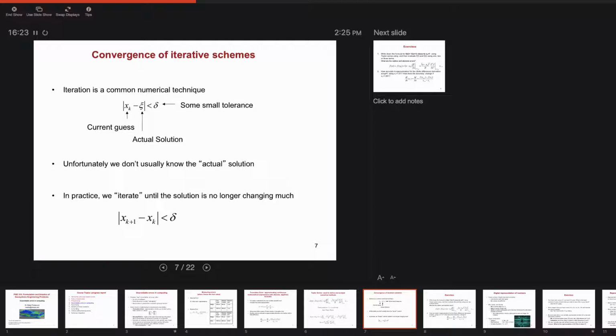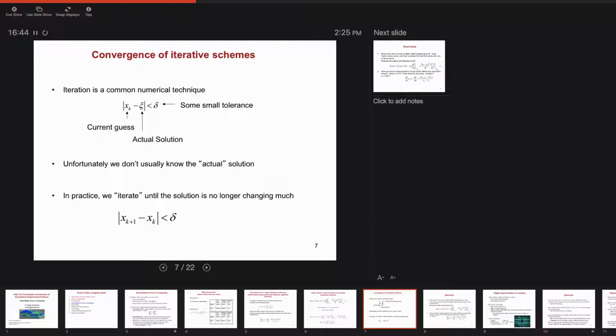Sometimes you write an algorithm and you test it against a case that you know. In terms of testing square root, you know that the square root of 4 is 2. So that's your testing problem, and in that case you actually know the actual solution.